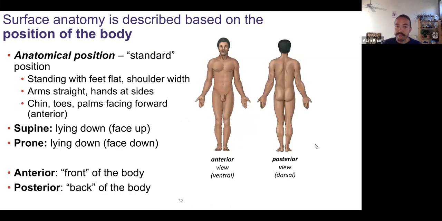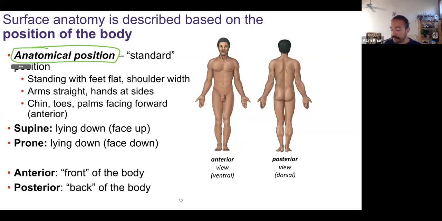We need a frame of reference because, like I said, if we're referring to a direction, is it for standing up, facing one way or another, sitting down, lying down? It can get confusing. So we need a frame of reference. The term for our frame of reference is called anatomical position.